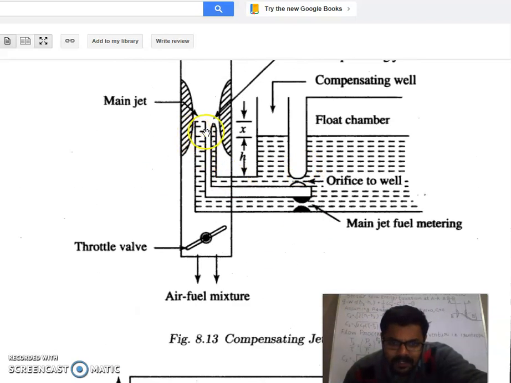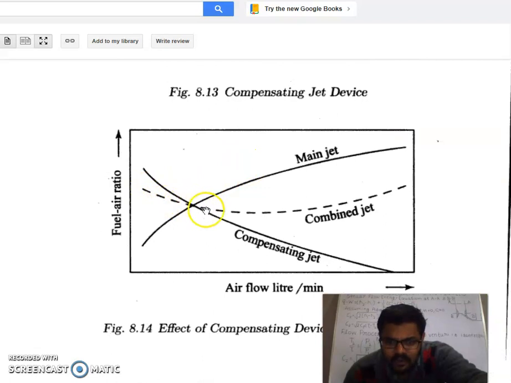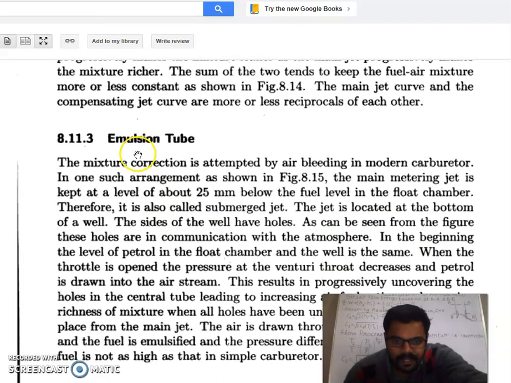So in a nutshell, this will supply more and more fuel air ratio with the increase of mass flow rate of air, and this will supply less fuel air ratio with the increase in air flow rate. So overall these two will compensate each other, and we will get this constant fuel air ratio supply into the engine. The next device is your emulsion tube.